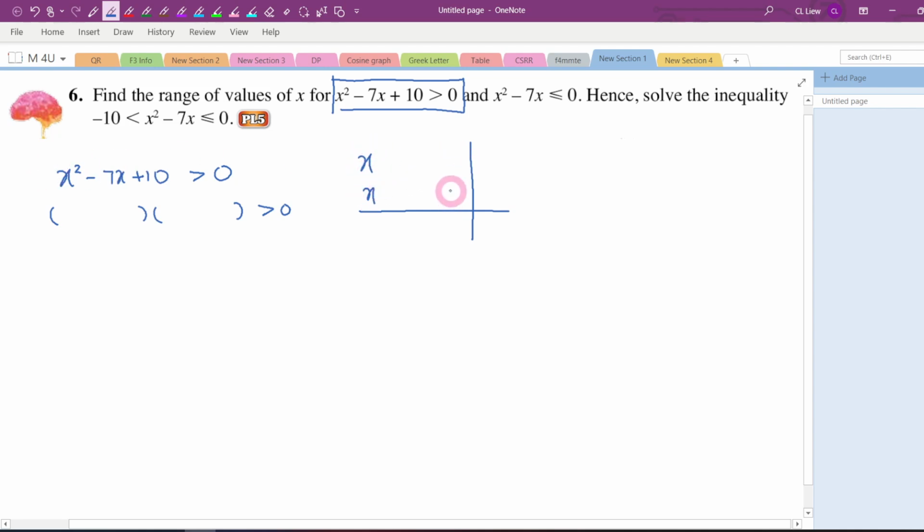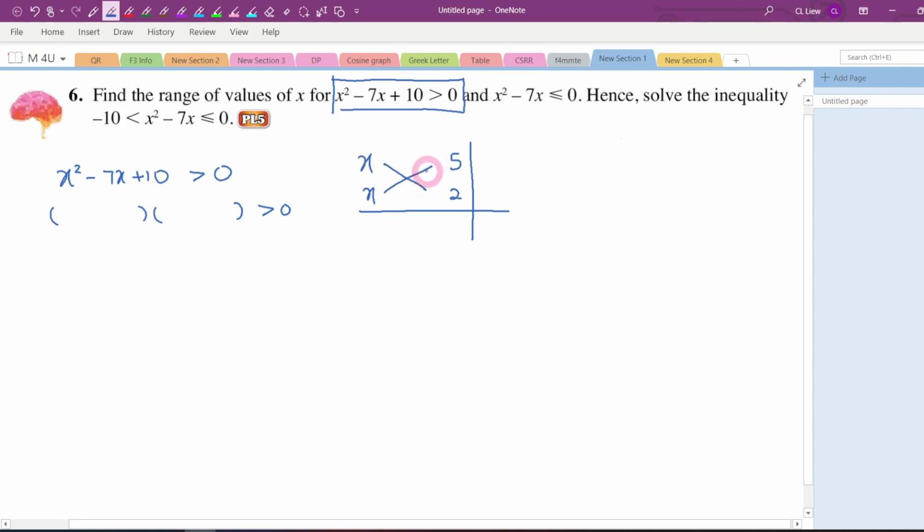The product of these two terms equals positive 10, so you can ignore the sign first, just think about 10. So let me use 5, 2. In order to get positive 10, it can be negative 5 times negative 2 or positive 5 times positive 2. It's okay, you don't have to write the sign first.